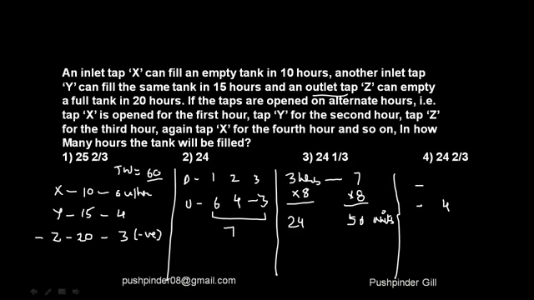And whose turn is it? It's X's turn. He fills 6 units in a single hour. So it's going to take 4 by 6 hours, which is nothing but 2 by 3 hours. So 24 hours are taken here and 2 by 3 hours here. So the answer is 24 2 by 3 hours.